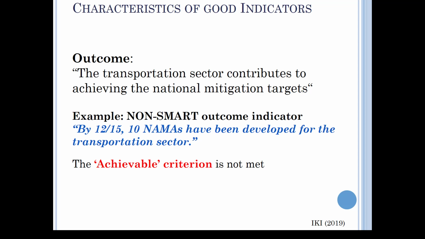That's what is meant by this. Even though ambitious project goals are generally viewed positively, demanding targets should be formulated in relation to the capacity of the project teams. And definitely 10 NAMAs seems like a very high number, given that a country normally can only have one or two for one or two sectors.